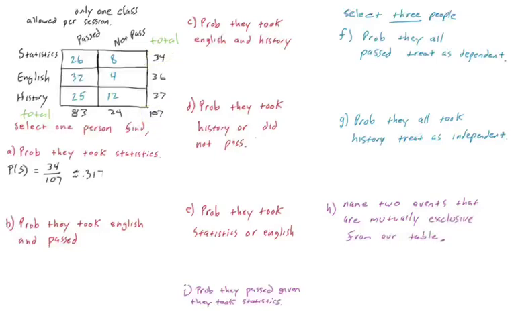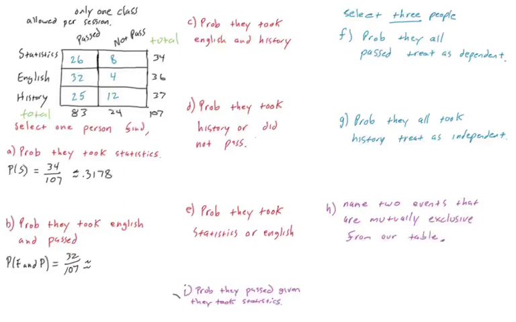I know WebAssign has been asking to reduce, but we're just going to write it to 4 decimals. Okay, probability they took English and passed. Our notation here is E and P, and we're going to have 32 out of 107.